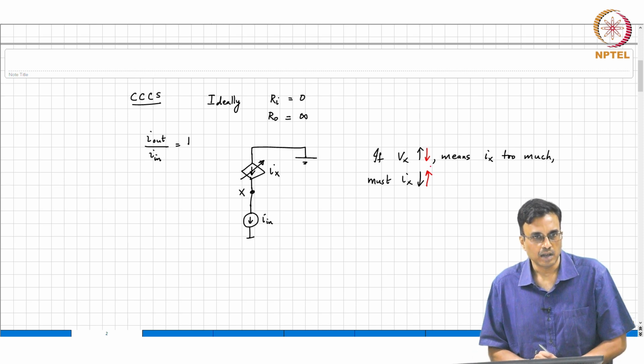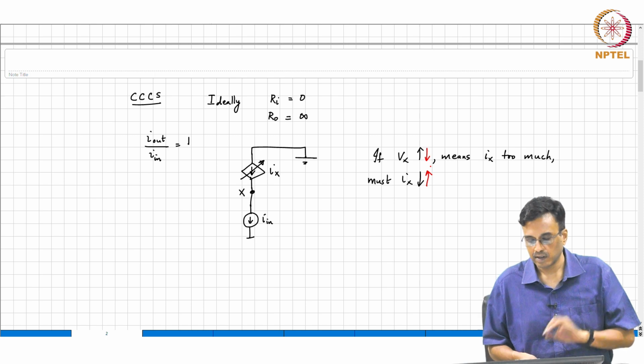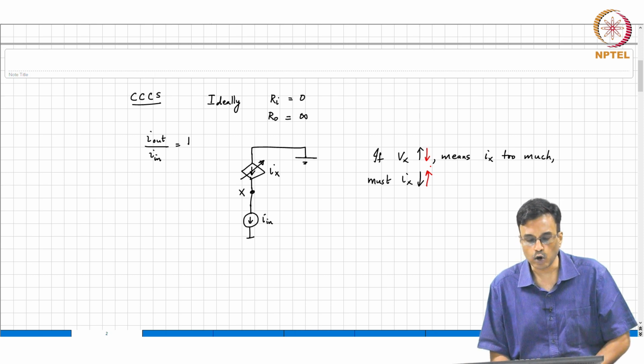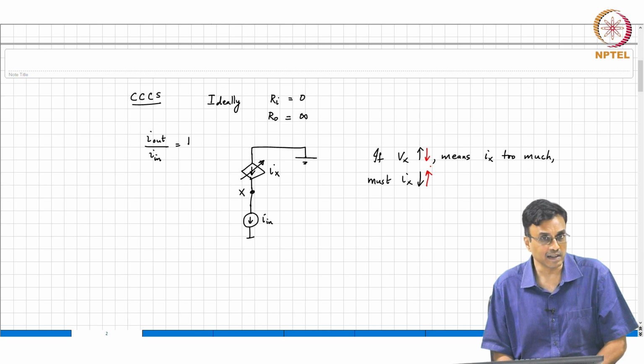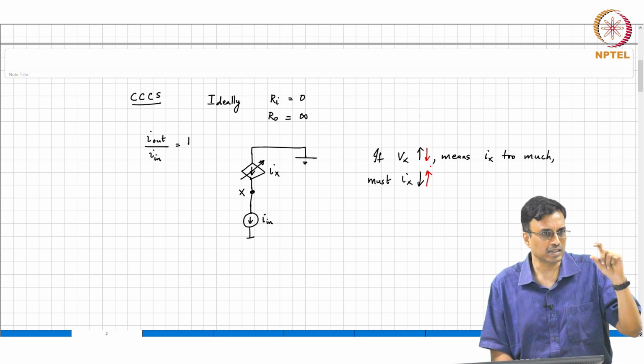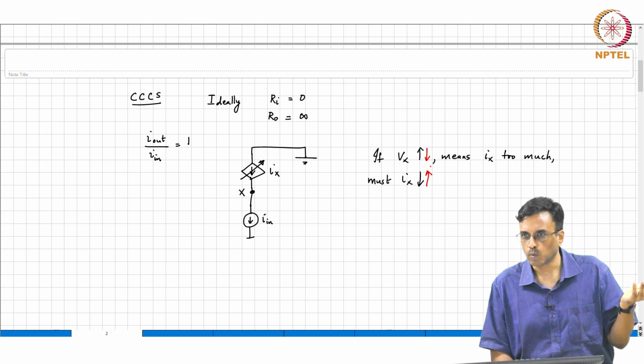The only circumstance when Ix is equal to I in, what will happen? The potential of Vx will not change. But recall that all these signals that we are talking about are incremental signals. In the incremental network, you can never have a constant voltage, so any constant voltage must only be 0.